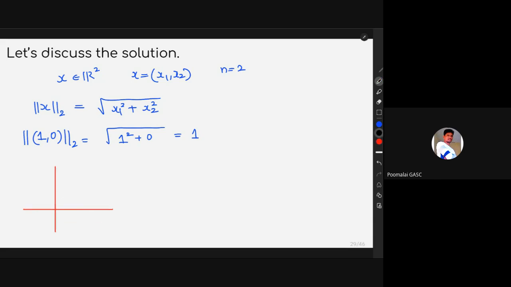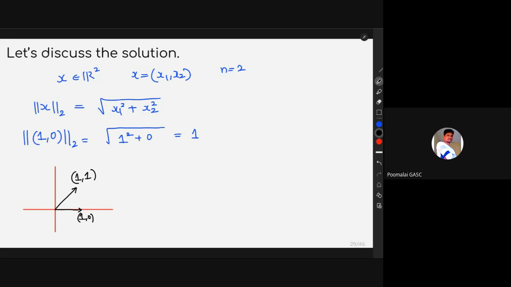That's what we are getting out of this as well. Similarly, let's take a different vector, 1 comma 1.